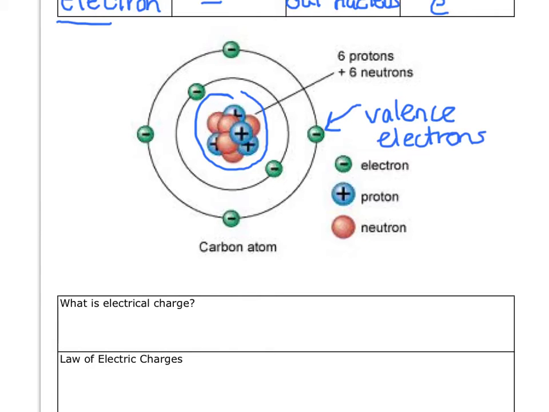So, some things that we want to keep in mind then is that these protons that are in the middle, they're very tightly held, they do not move. So electricity is not caused by moving protons. Electricity is caused by moving electrons, and from our point of view, positive charges stay put. They are stationary. Negative charges move.